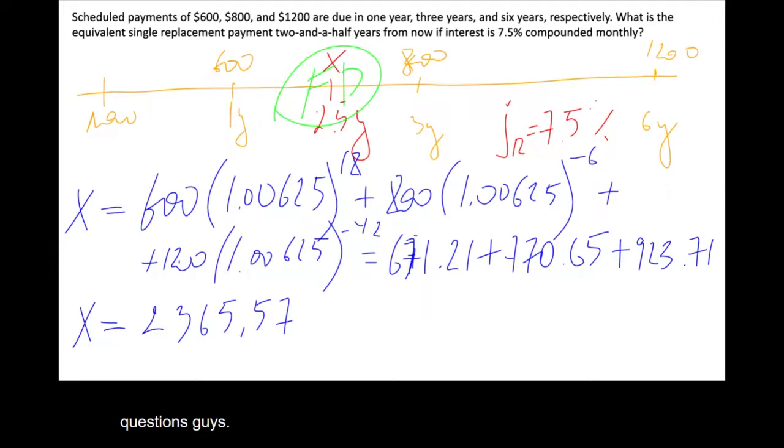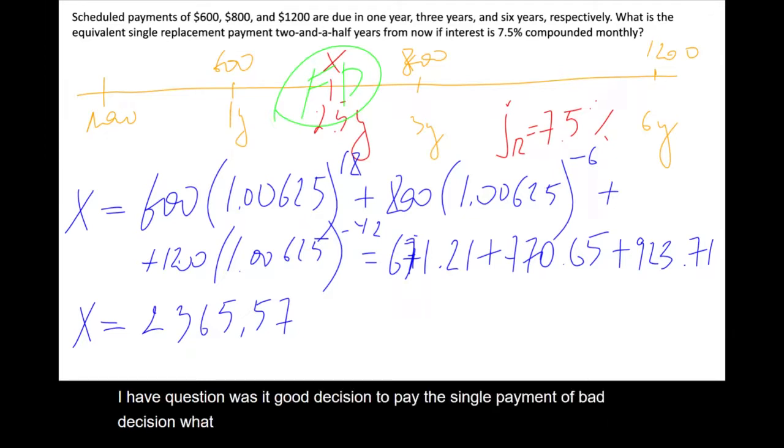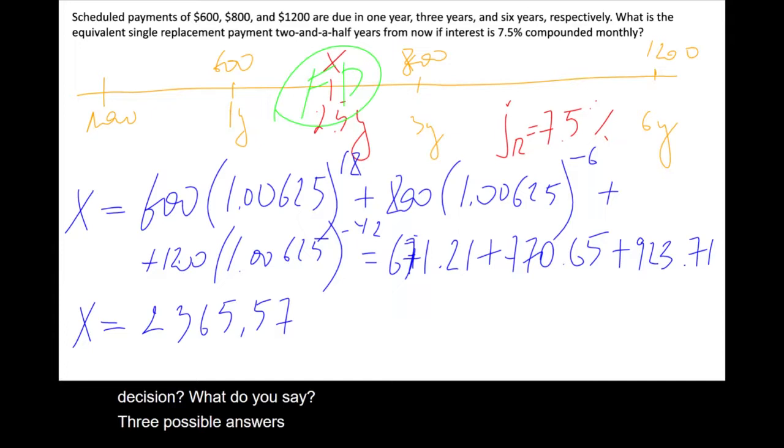Okay, I have a question. Was it a good decision to pay the single payment or a bad decision? What do you say? Three possible answers: good, bad, I don't know.